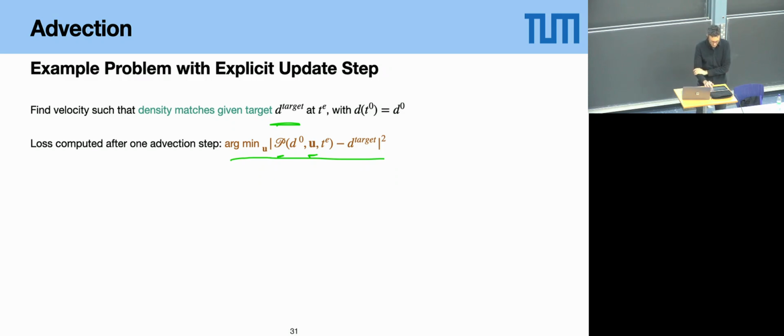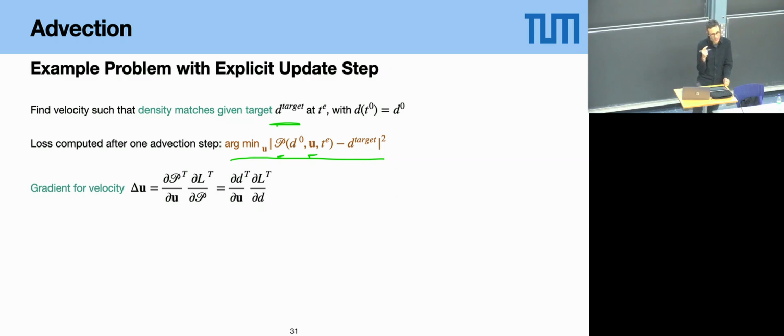And if you now write this out, also as before, what we now are looking for to compute the velocity is, in the context or in the perspective of typical learning, gradient descent, a step in terms of the velocity u, so right, delta u, that comes from the loss, right?